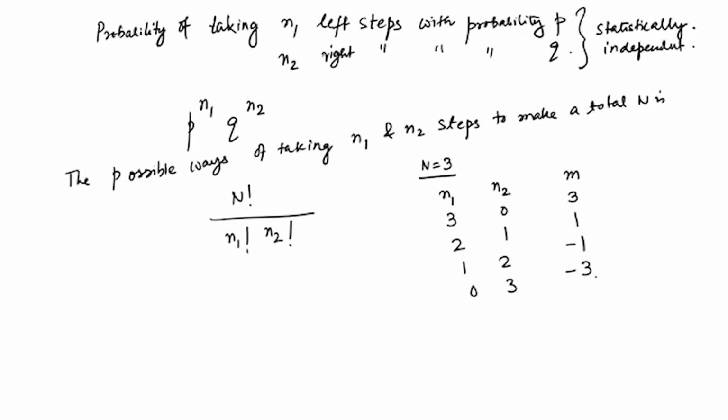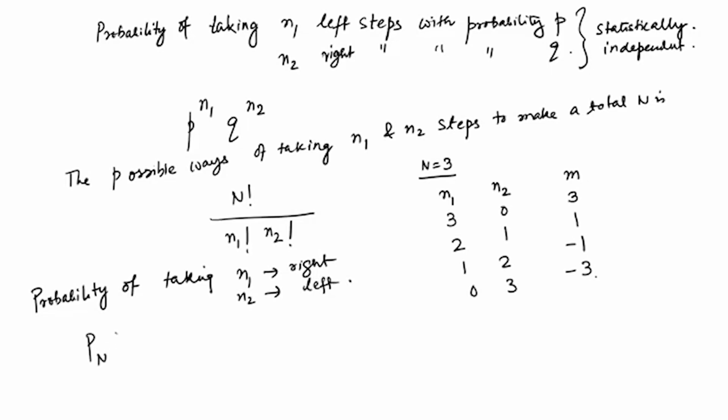So, this is that probability. The total probability rather of taking n1 steps to right and n2 steps to left, let us call it P N n1 n2, just a notation, you can use your own notation, is N factorial divided by n1 factorial into n2 factorial, and p to the power n1 and q to the power n2.